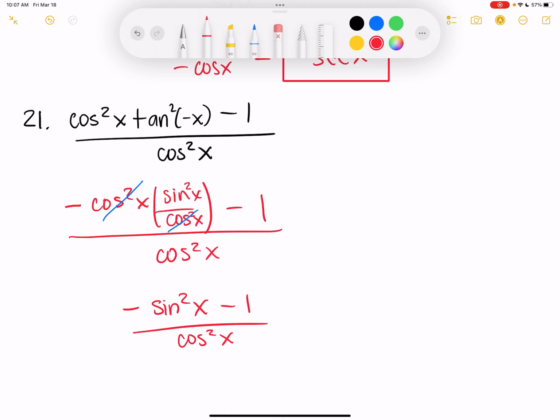Do you change the bottom to cosine squared of negative x? No, I can't do that. Is it something we're going to have to reverse? Yeah, that's the thing.